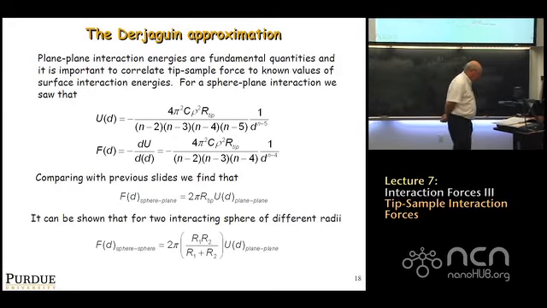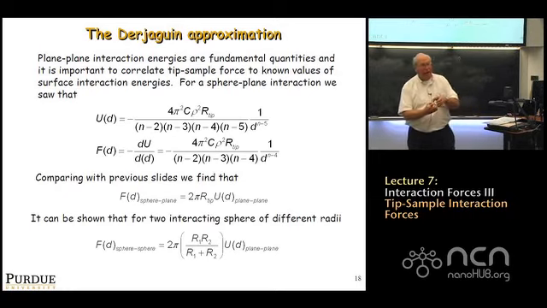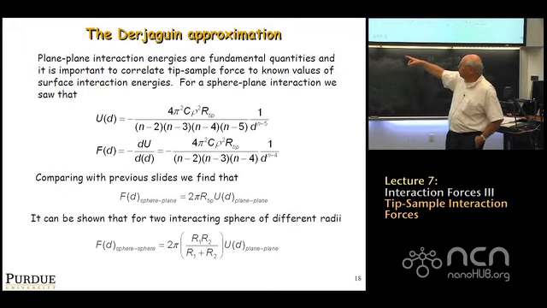And then I guess I should just say that you can show that if you have two spheres interacting, a sphere of radius R1 and a sphere of radius R2, Derjaguin's approximation is slightly modified. You now have to put in an effective radius. So you have to replace R tip by the product of the two radii divided by the sum of the radii of the two spheres.